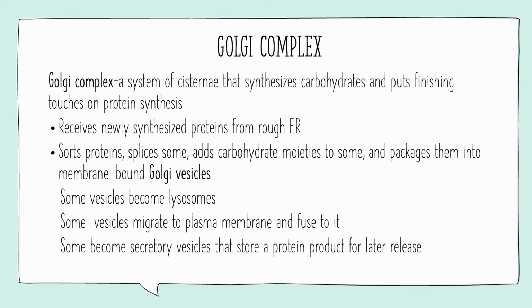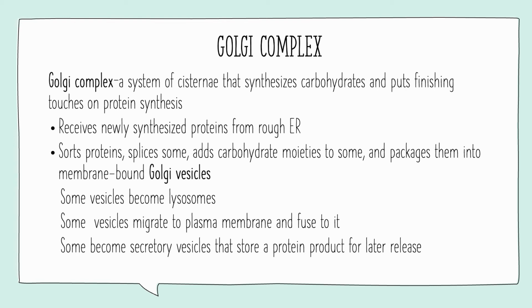So, Golgi complex. The Golgi complex is a system of cisternae that synthesizes carbohydrates and puts the finishing touches on protein synthesis. What it does is it receives the newly synthesized proteins from the rough endoplasmic reticulum. All right, it sorts the protein and splices some.